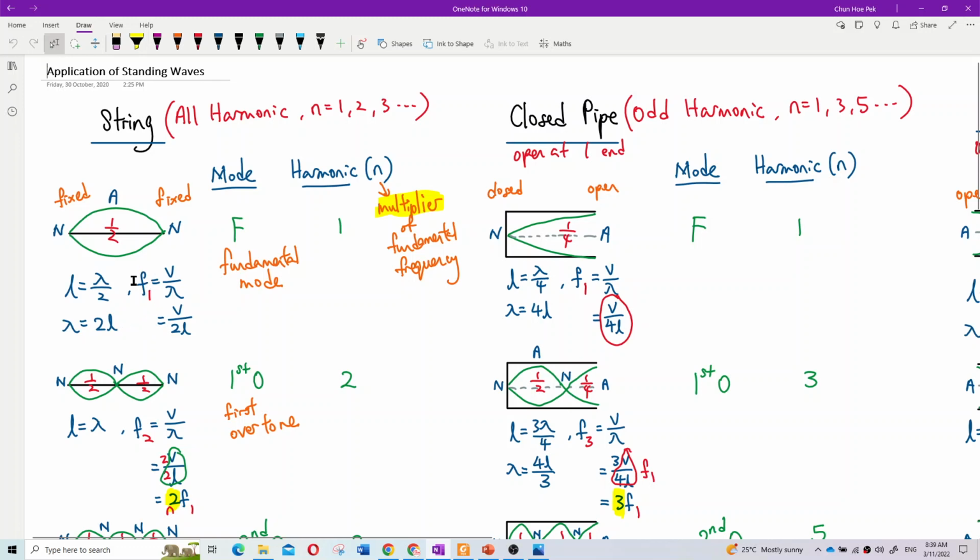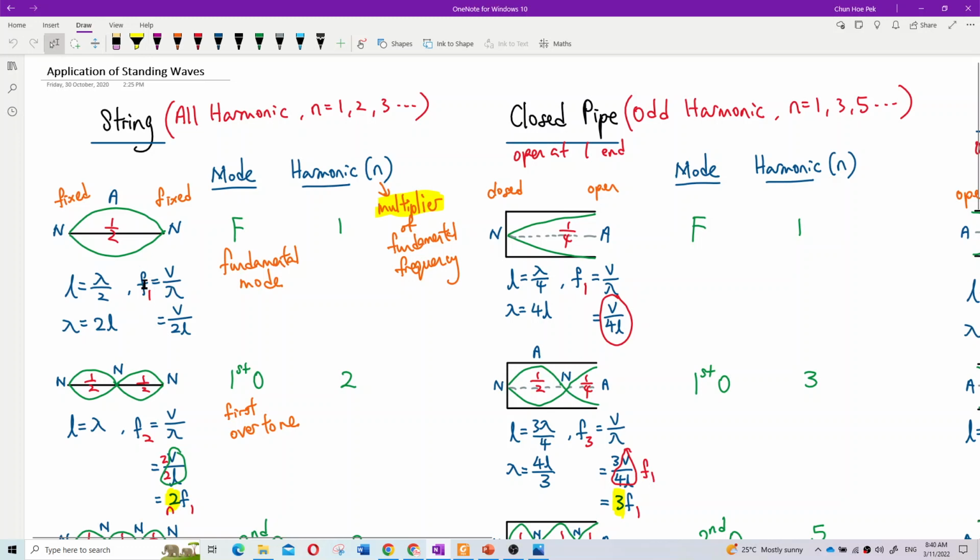And then we can find the frequency of sound produced by this vibration of this string. Frequency of the string first. It is equal to the speed of wave in the string divided by lambda, because V equals f lambda.